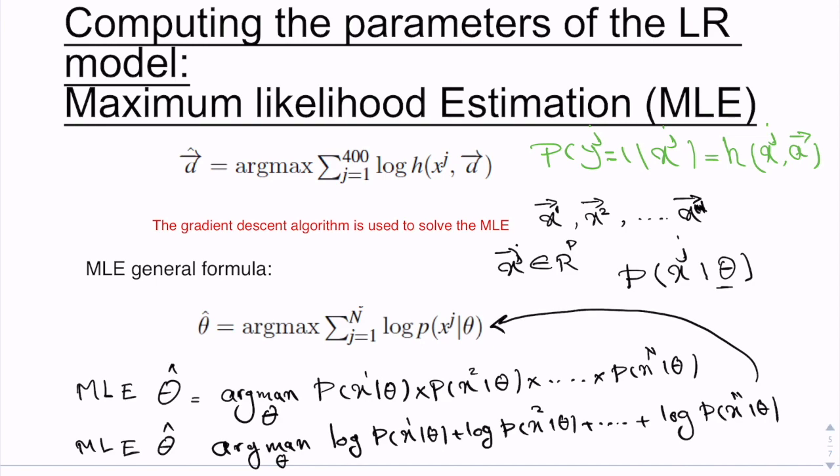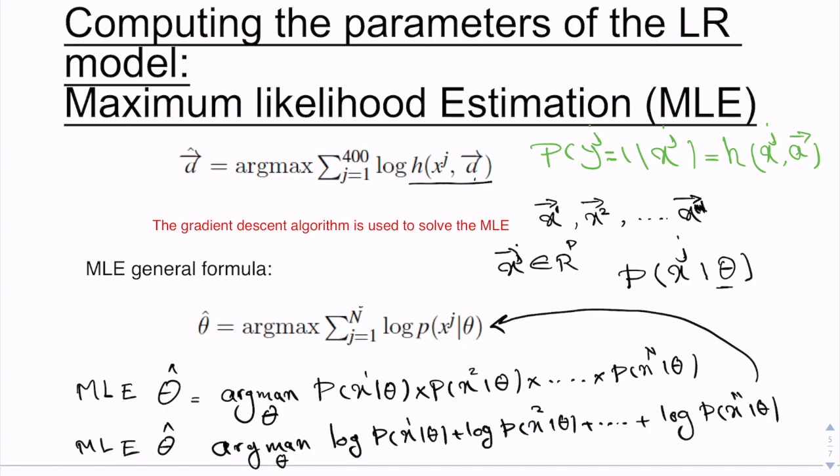So this is called the maximum likelihood estimation. As I said, this is a very powerful and very common technique in estimation theory when you have a sample from a probability distribution and you want to find the parameters of that distribution. For logistic regression, we have a probability which we call h, for a sample xj and parameter vector a.